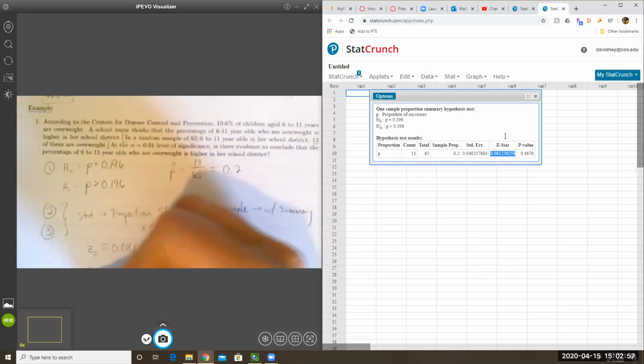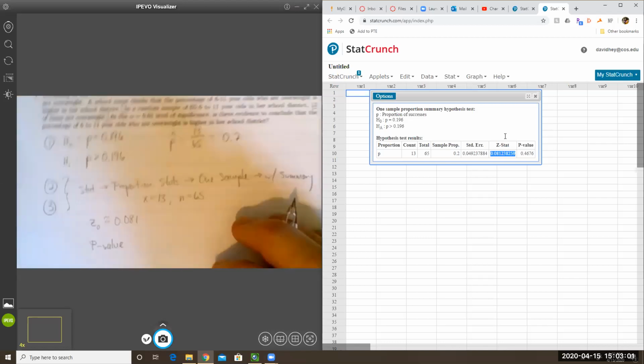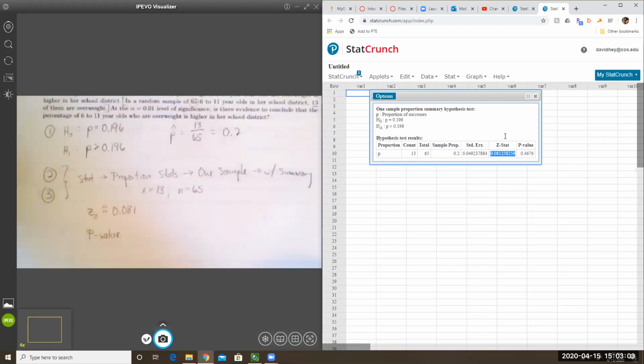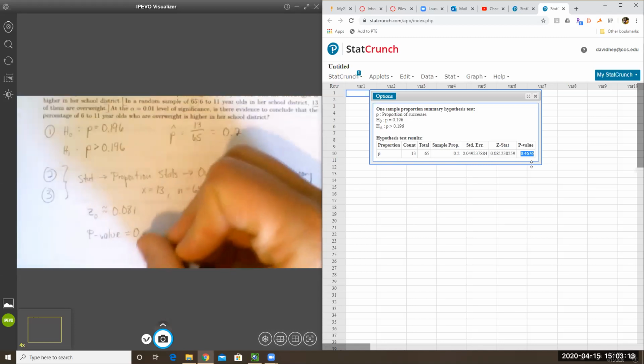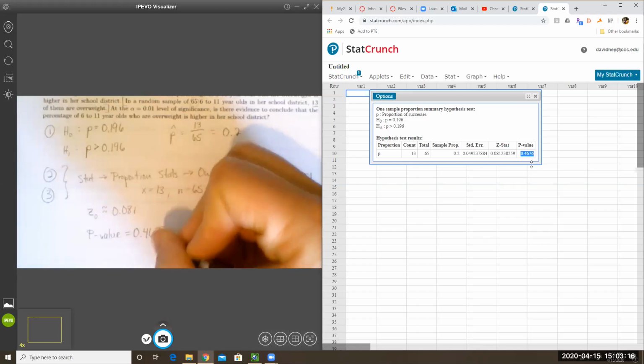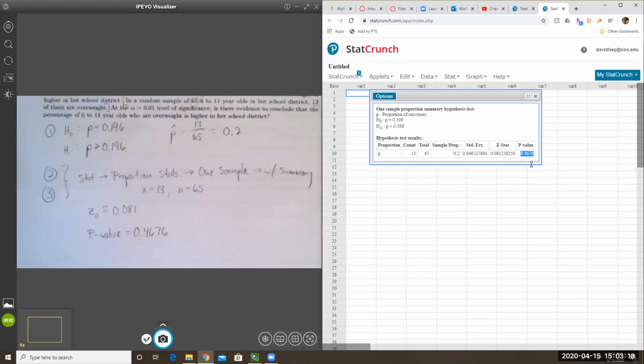And your p-value. The p-value is the thing that really is important, because that's what we're going to use to make our decision now in step 4. Our p-value is 0.4676. Okay, so that takes care of steps 2 and 3.